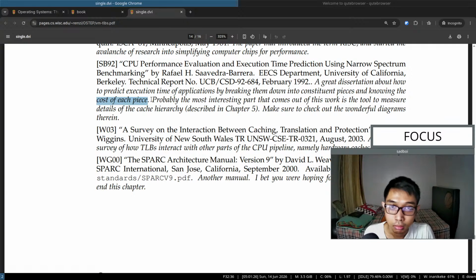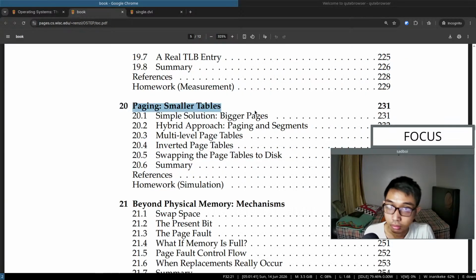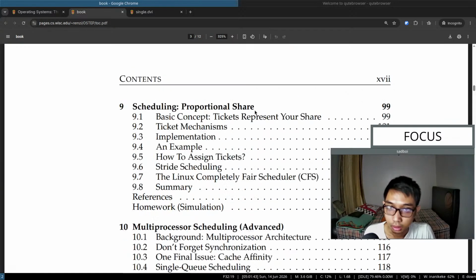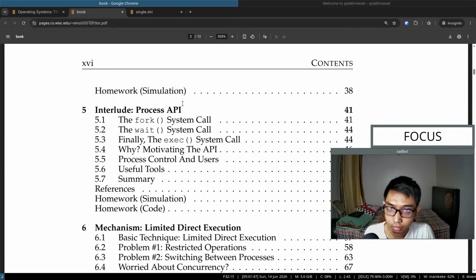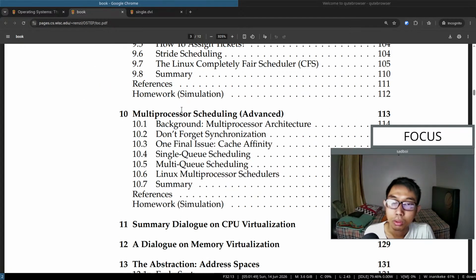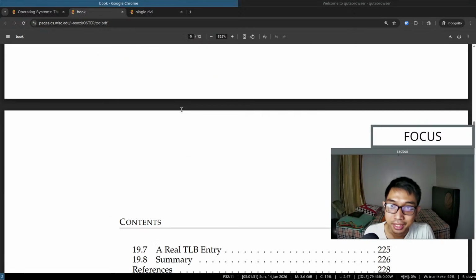Okay, probably the most interesting part that comes out of this work is the tool to measure the details of the cache hierarchy, described in chapter 5. Cache hierarchy. Oh, not chapter 5 of this book.